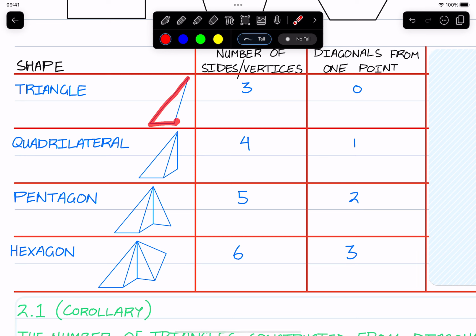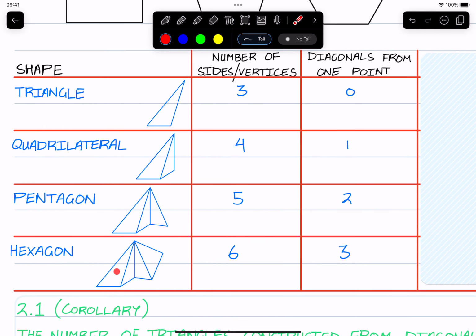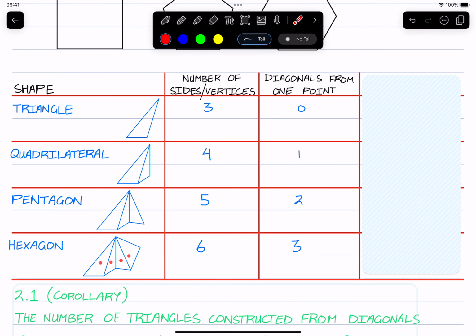From here, there's 1. From this diagonal, we can see that there are 2 triangles. From these 2 diagonals, there are 3 triangles. And from these 3 diagonals, from that 1 point, there are 4 triangles.